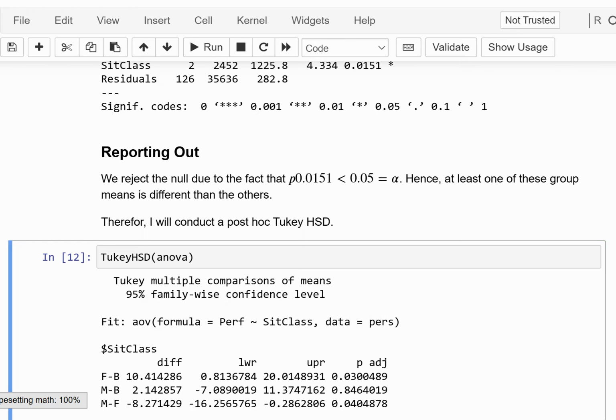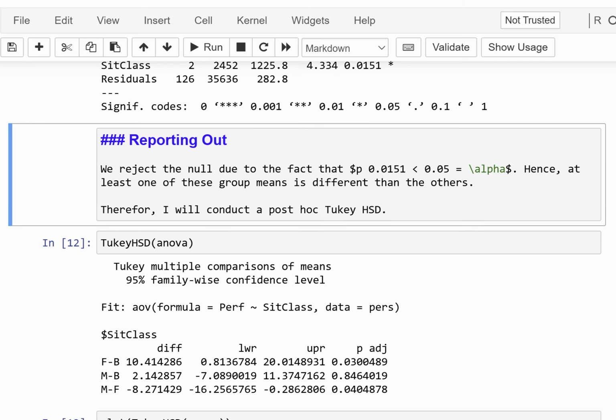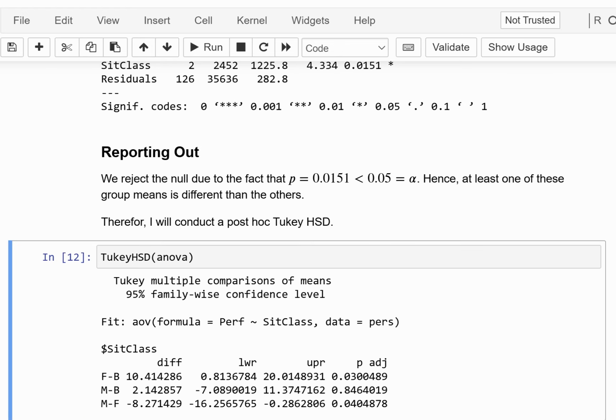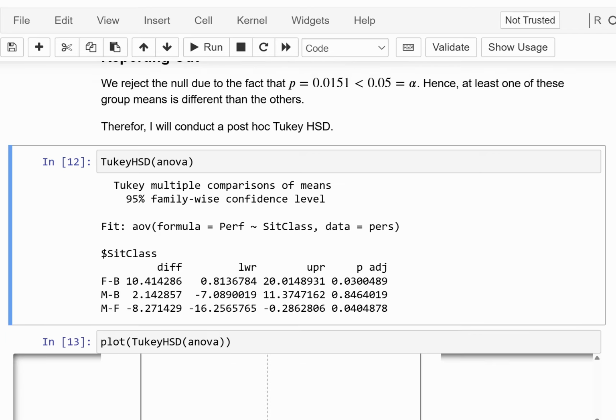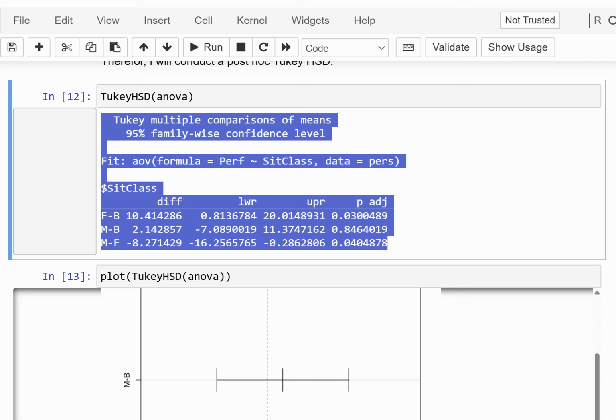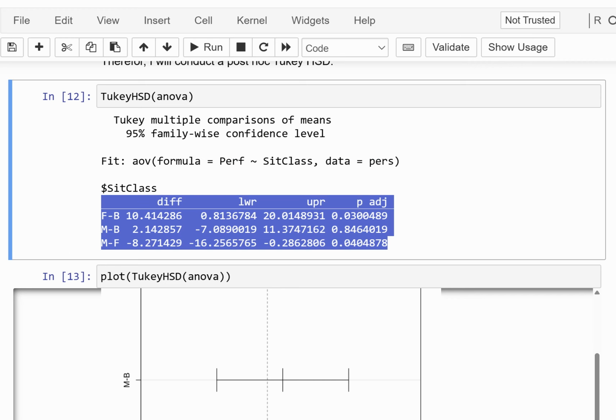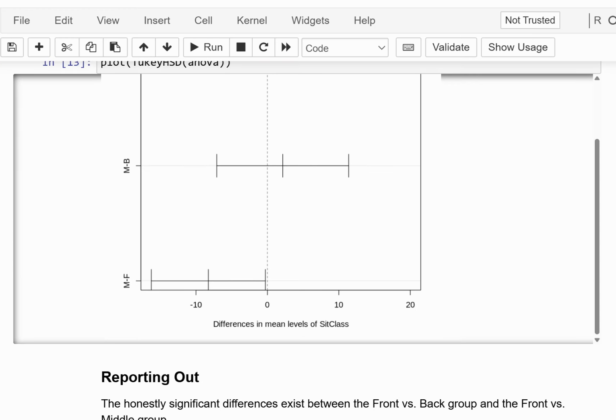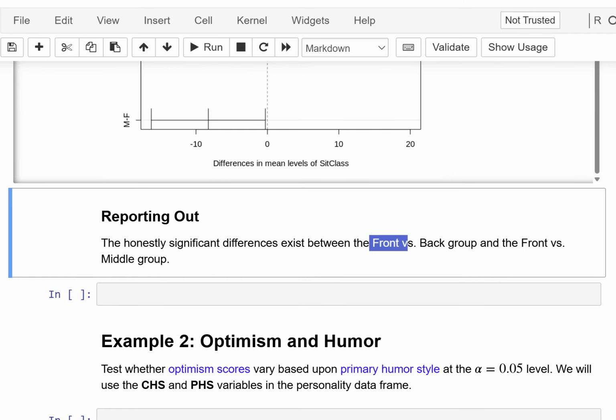My reporting out is that I do reject the null, and sorry, I need an equal sign here. I do reject the null because p is less than alpha. Therefore, I have to conduct a post hoc Tukey, and I get the confidence intervals for the post hoc Tukey in text, and then I get a visual of them, and I can see where the actual differences between group means exist.